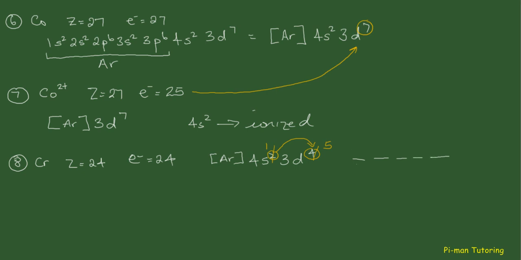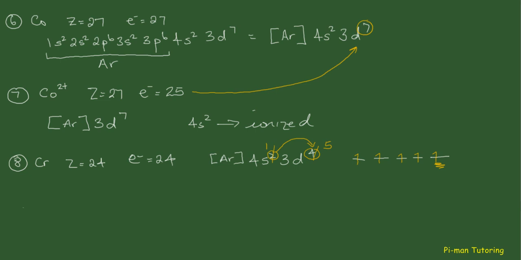And it turns out that there's some unique stability to the case where there is one electron in each of those orbitals. And consequently, one of the s electrons is happier if it's sitting here in the 5th d suborbital. So that's an exception.